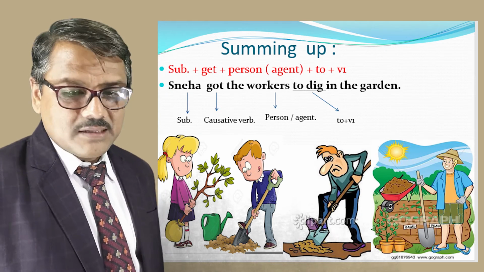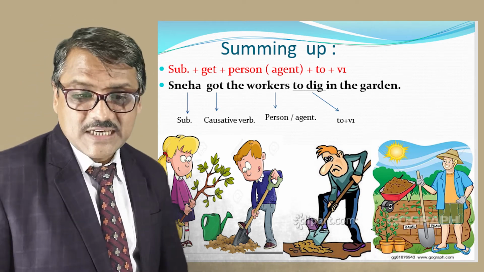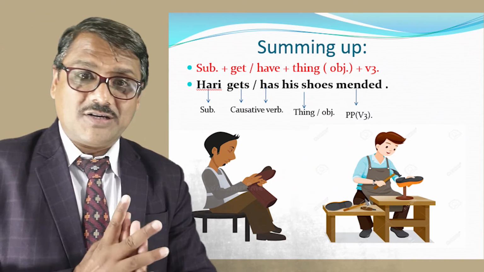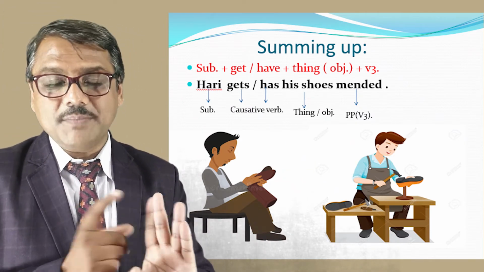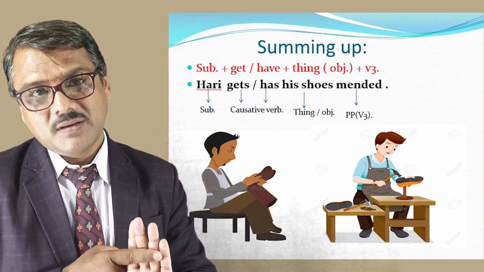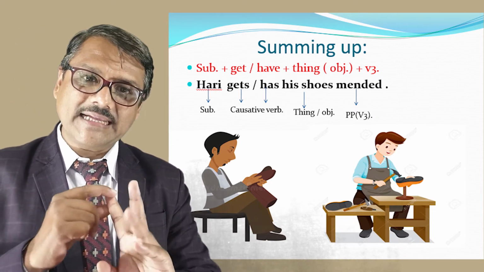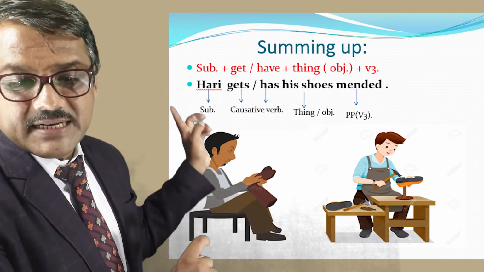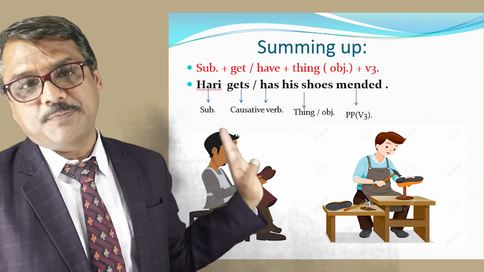Okay, and the final one, this is get/have. Get and have double structures. Remember, get object, have object. If there is object after get and have, we use PP. The structure says the same thing: subject get/have plus object plus PP.